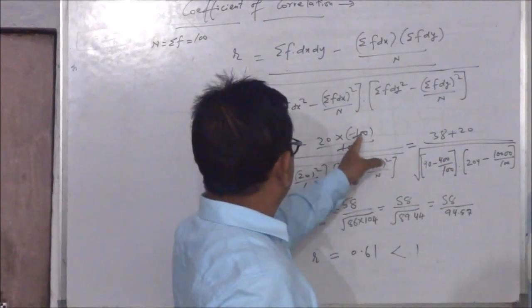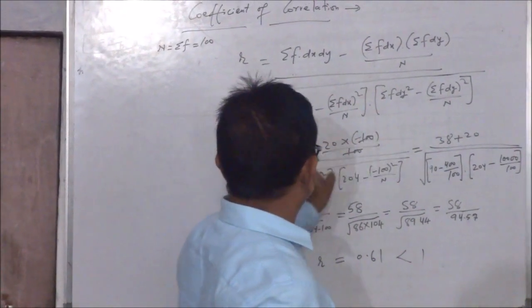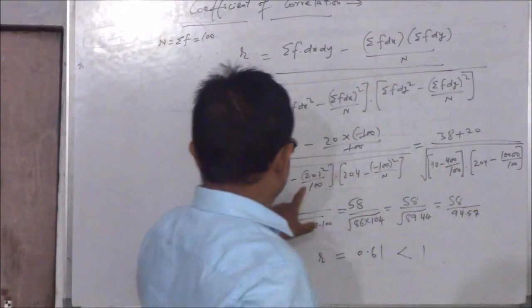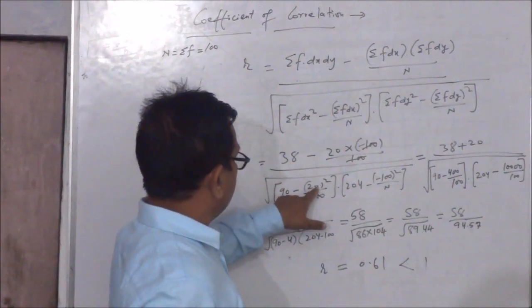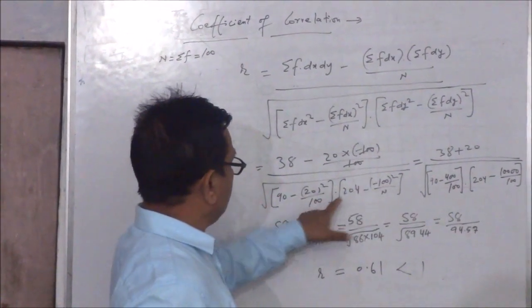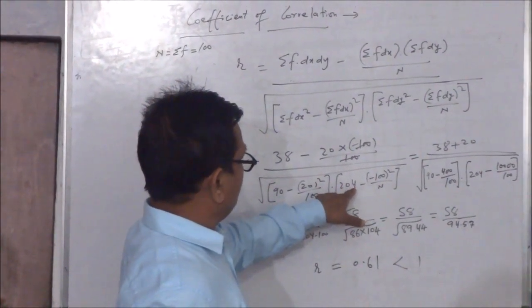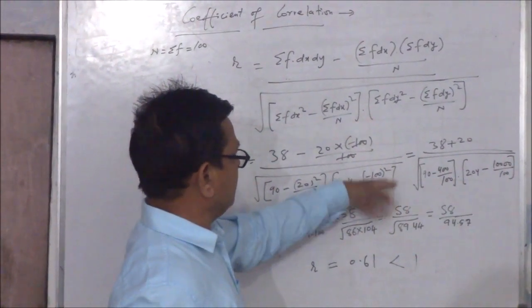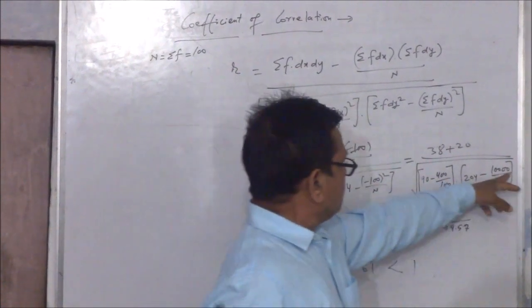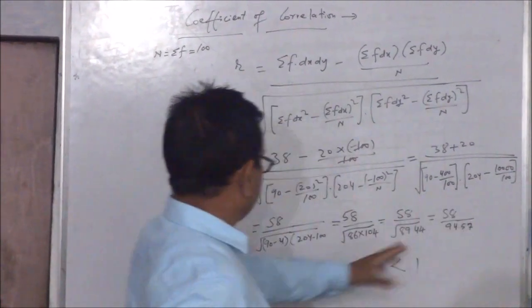So this is minus minus plus, 100 cancels, 38 plus 20. This is 90 minus square of 20, which is 400 upon 100, into 204 minus 100 its whole square divided by 100.